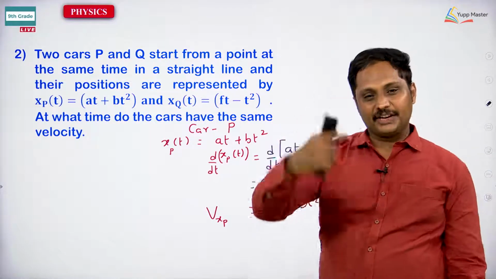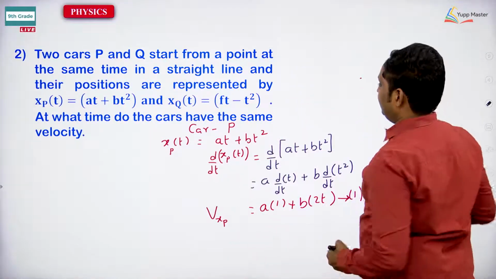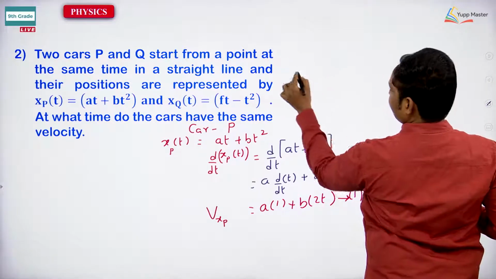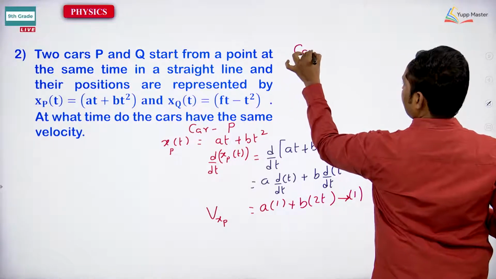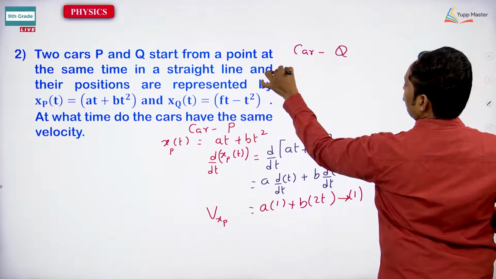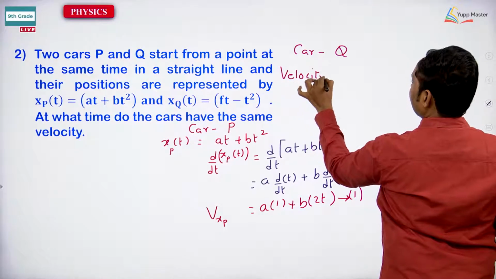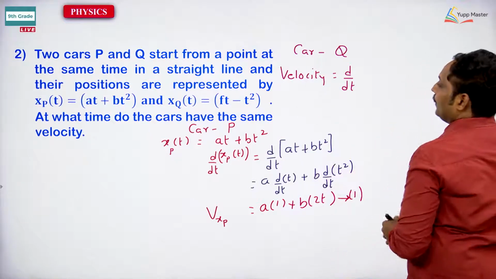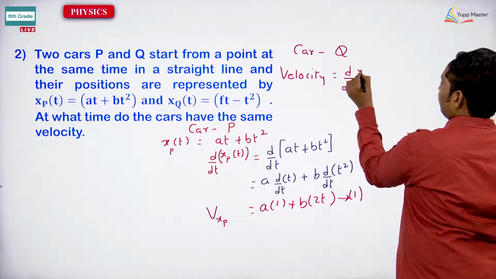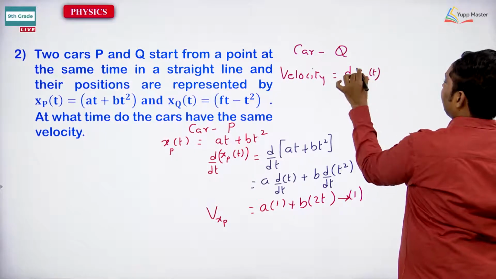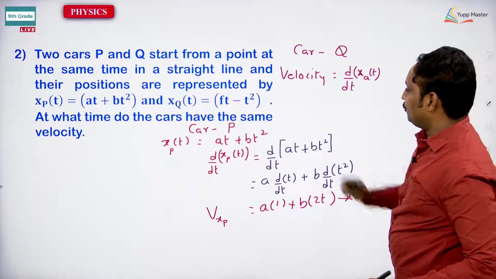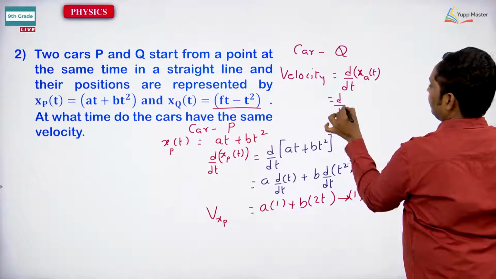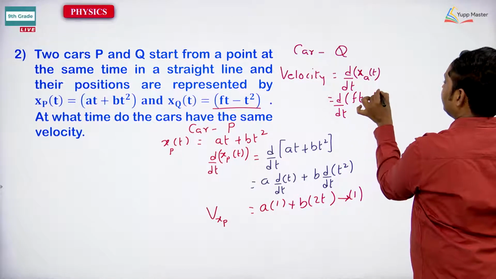Yeah, we are going to take the second car also, and easily we will find out. For the second car, that is car Q, the velocity is going to be taken, that is d by dt of x_Q(t). Just substitute this: d by dt of (f t minus t square).